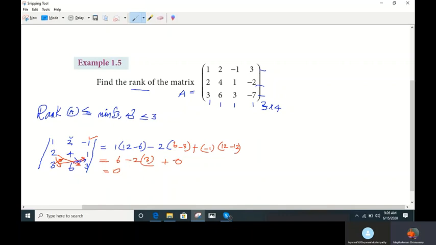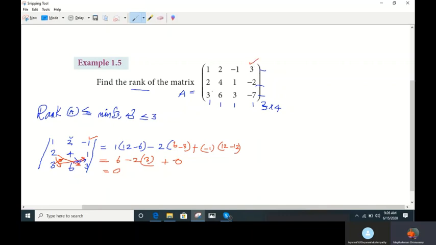So what they have said about the rank of a matrix is that you have to check the minors of 3 cross 3. There are 4 minor matrices of 3 cross 3, and we have to check all 4. Now we left the last one.